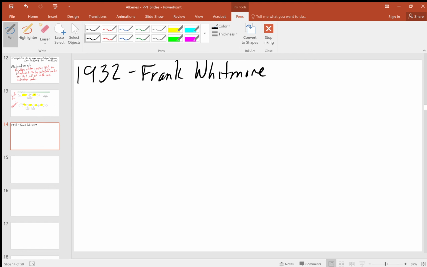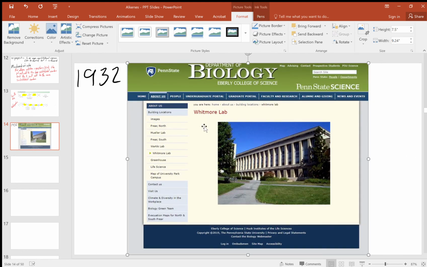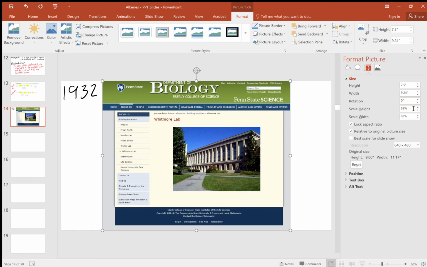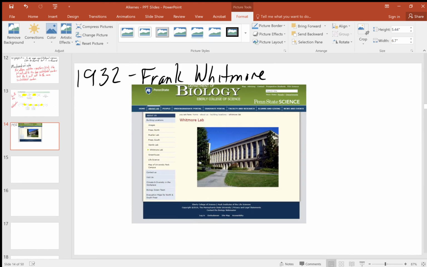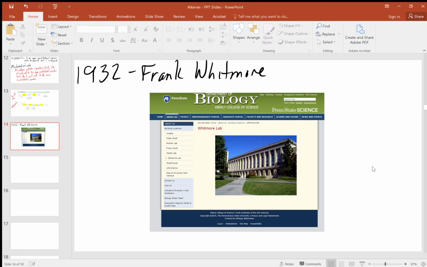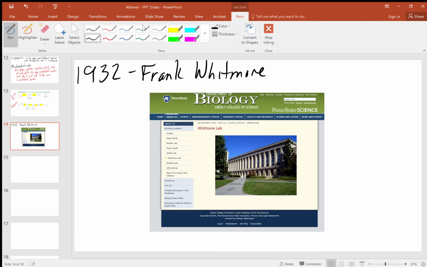And it's always interesting to bring up Frank Whitmore, because here's a picture from Penn State of Whitmore Lab. And the significance to me for Whitmore Lab is that up here on the 2nd floor, when I started grad school, that was where I taught as a TA.